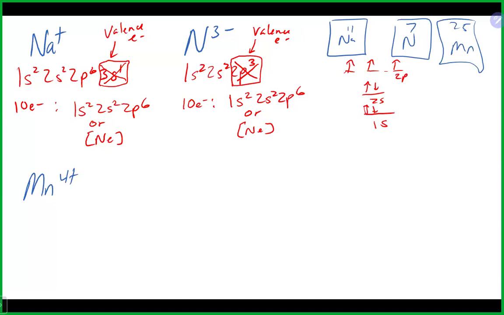Now, nitrogen actually has 5 valence electrons because we look at its configuration, it ends with 2s2, 2p3. And that is 5 electrons, both on the second energy level, which is the highest.